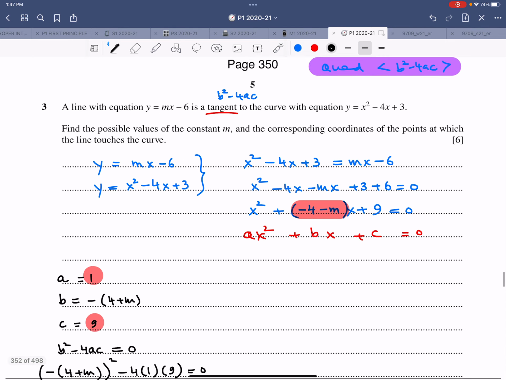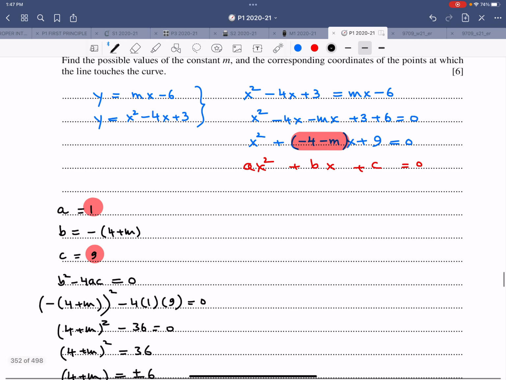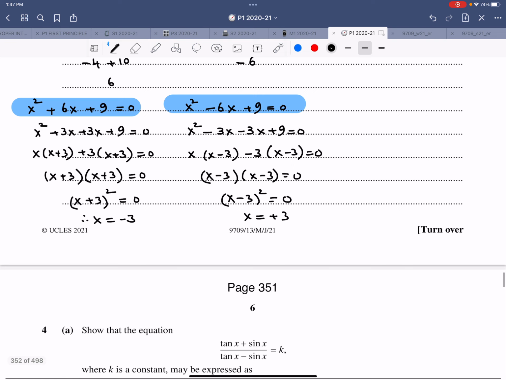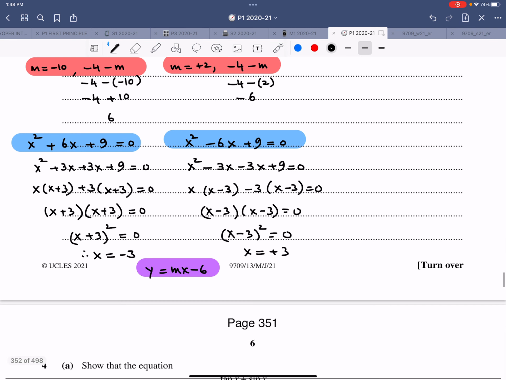So I think the better option is to use y equals mx minus 6. So remember, y equals mx minus 6. Here m is minus 10, so y equals minus 10 times x, which is minus 3, minus 6. 30 minus 6 is 24.